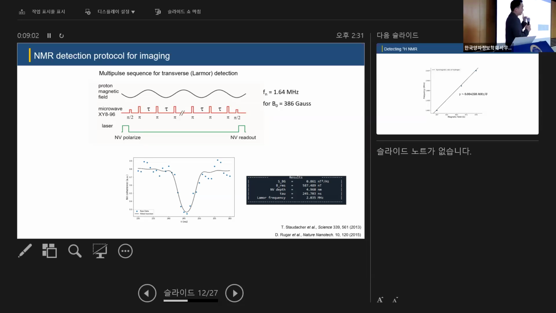So then the superposition state of the NV center evolves to non-zero random phases under this fluctuating magnetic field. So we design the measurement in such a way that the variance of those random phases is made sensitive to a specific frequency.